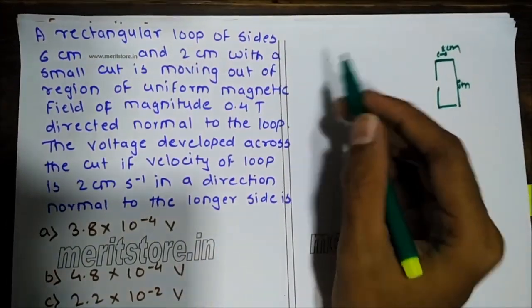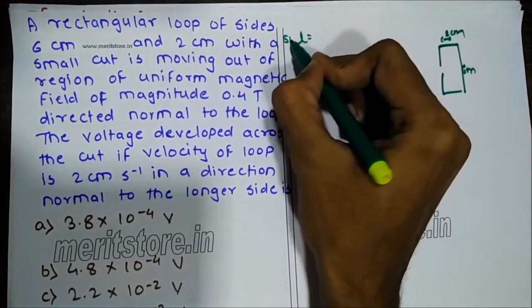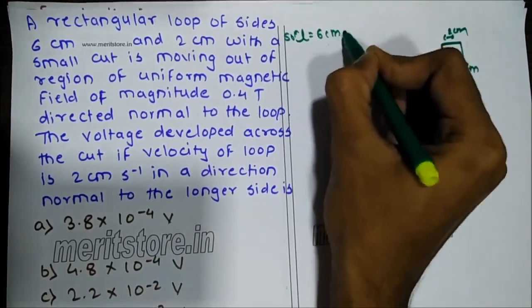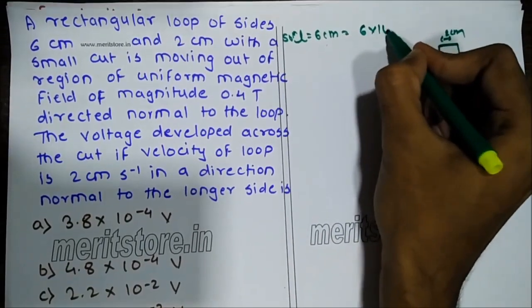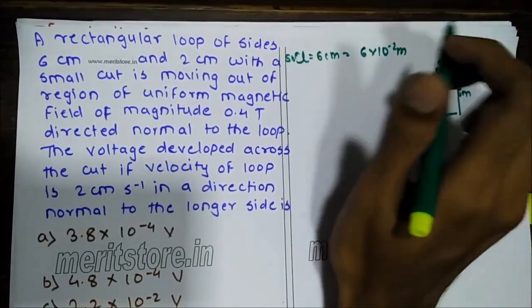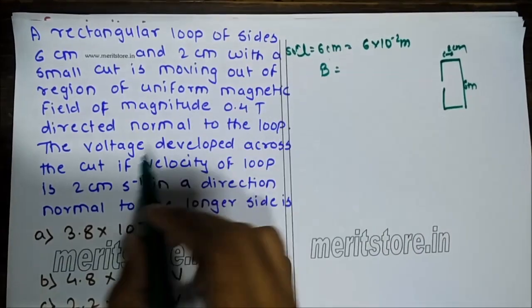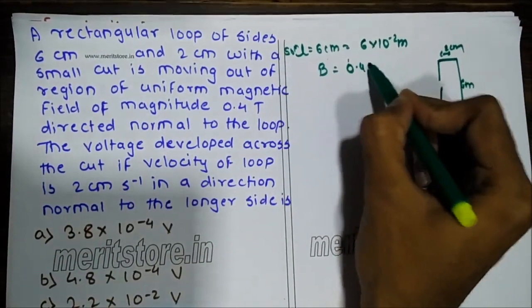Okay, so the given thing here is the length, which is 6 centimeters, that is 6 into 10 raised to minus 2 meters. Next, the magnetic field is given, that is 0.4 Tesla.